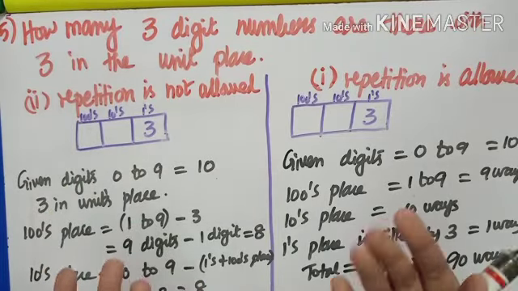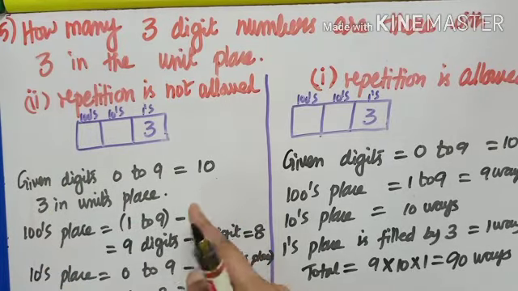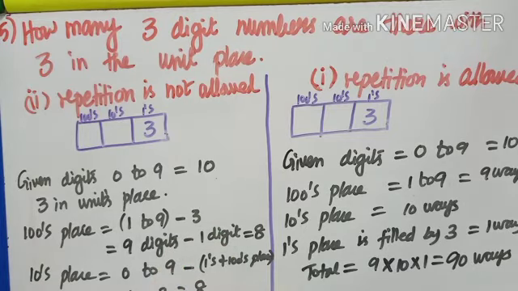There are 10 digits in my hand, out of which 2 digits cannot come. So hundreds place, 1 to 9 only can come, 0 mustn't come. And also remove 3 which is already in ones place. If I remove 3, 9 digits, I am removing this 3, 1 digit. Totally there are only 8 ways.